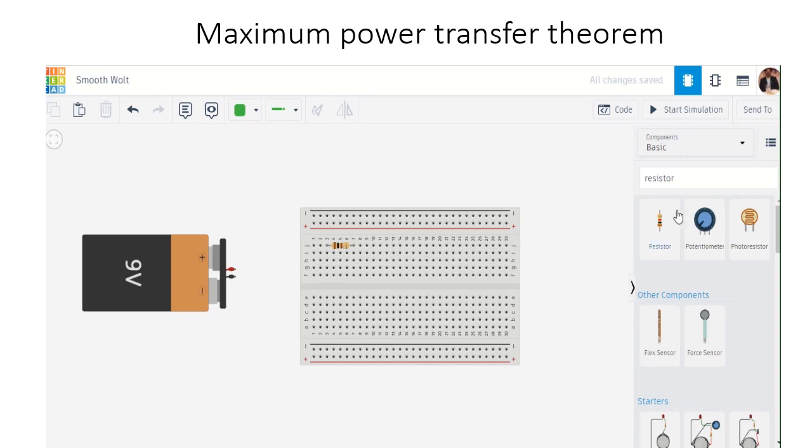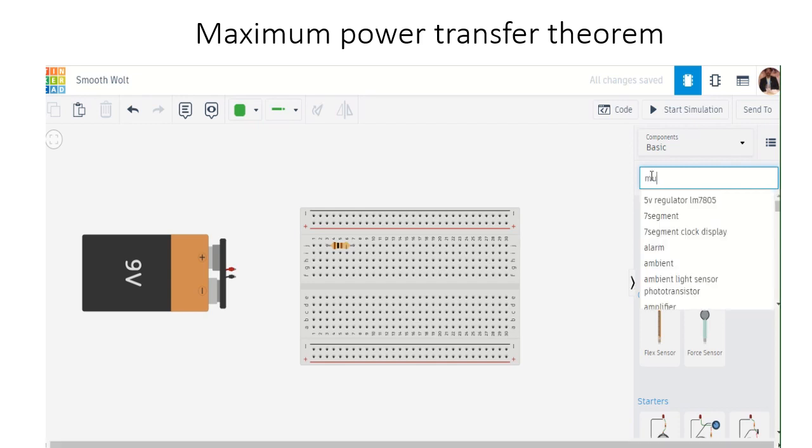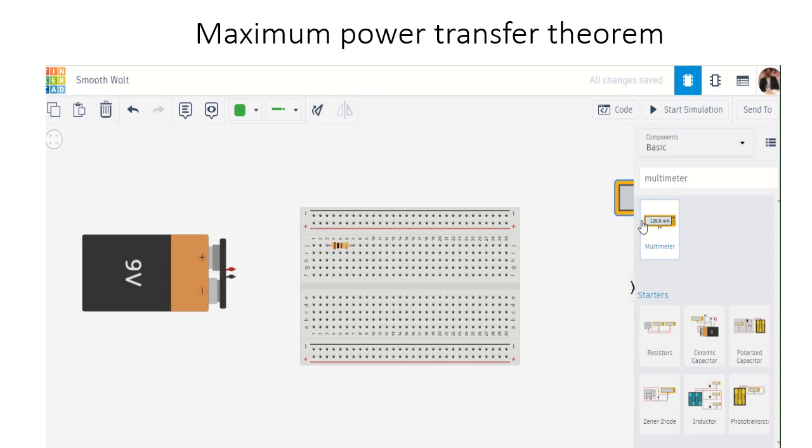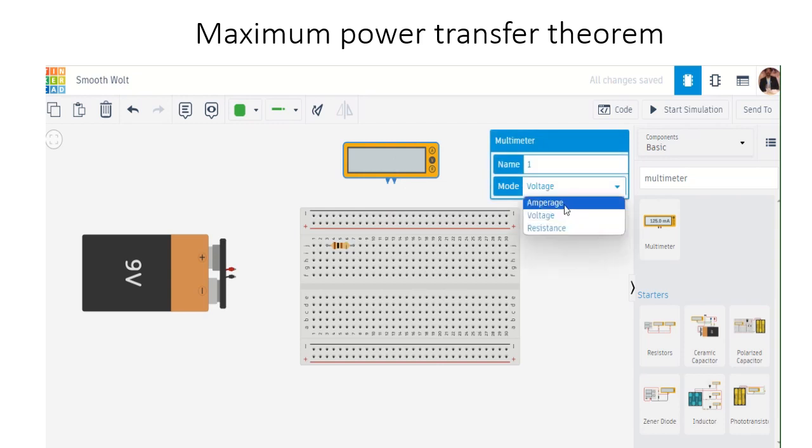And next we are going to connect an ammeter. For that I am going to choose a multimeter. It should be connected in series with the resistance R Thevenin, set to ampere.